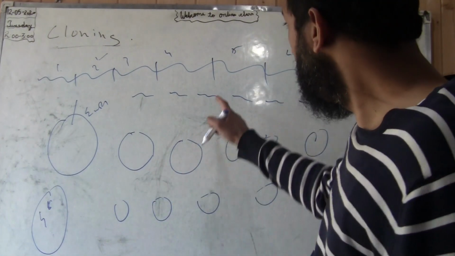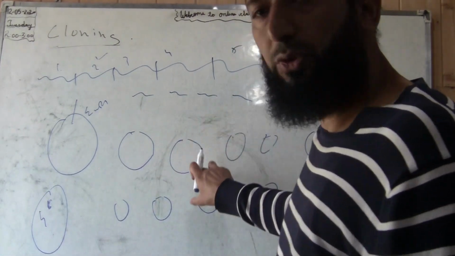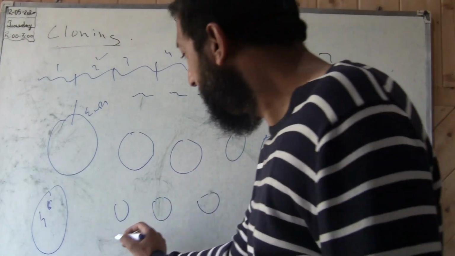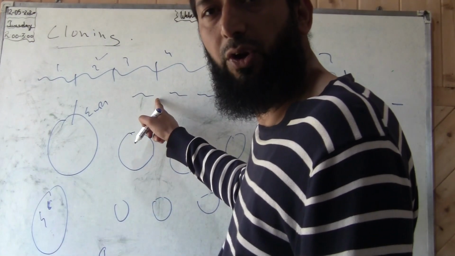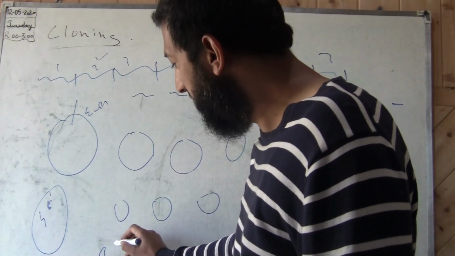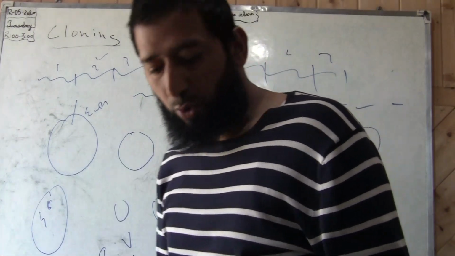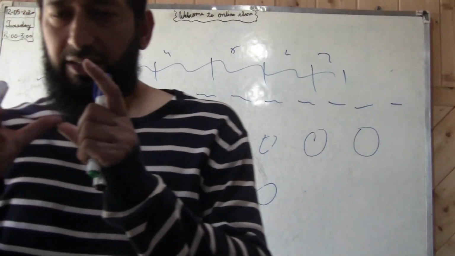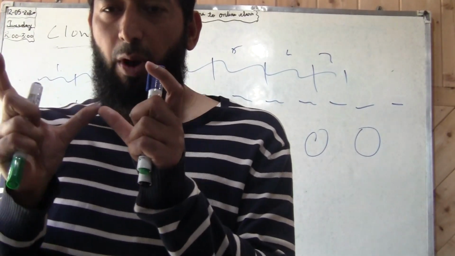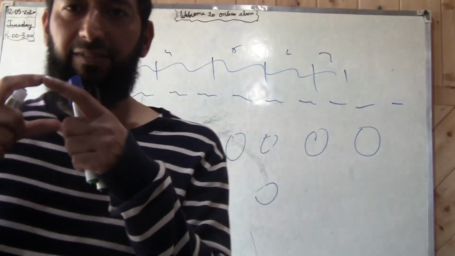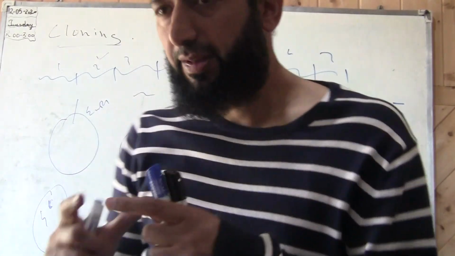Now you mix these two, you take this and you take the vector. We take the insert, this is the gene or the DNA we are going to incorporate, we call it an insert. Insert to vector ratio is 2:1. We take more insert because the vector may self-ligate, but if the inserts are many, the probability is that they will ligate with the vector.